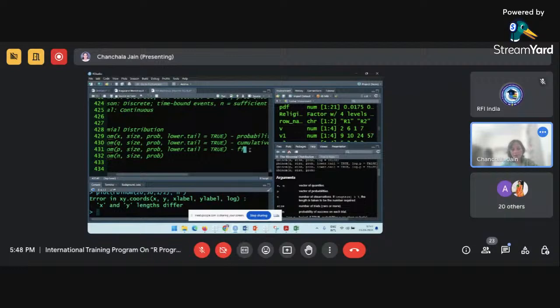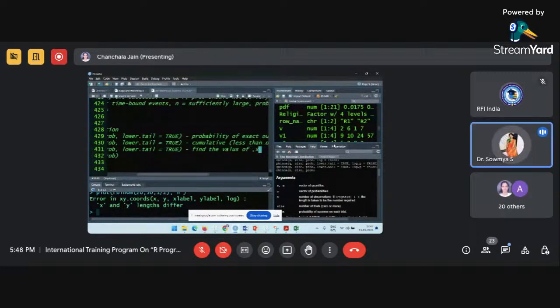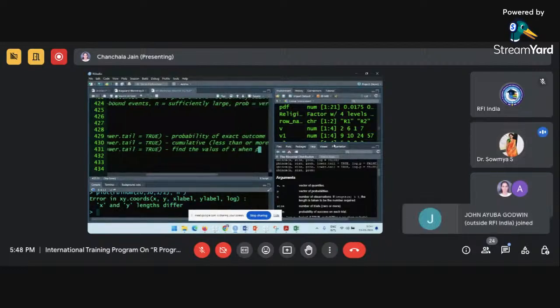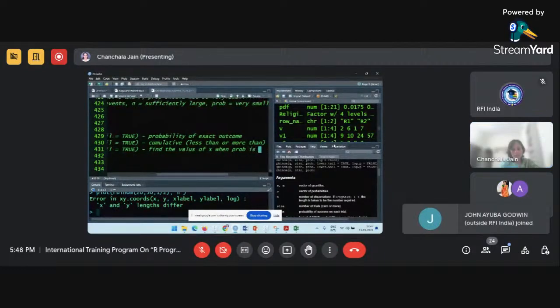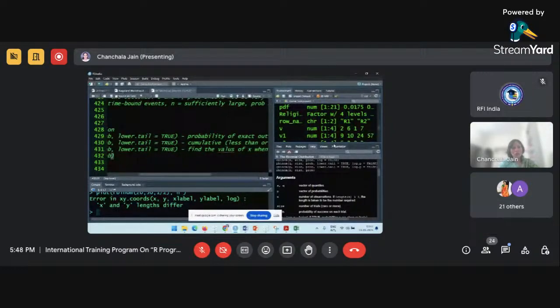Find the value of x when the probability is given. This is known as qbinom.